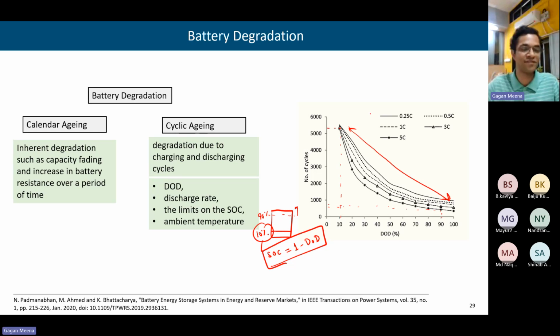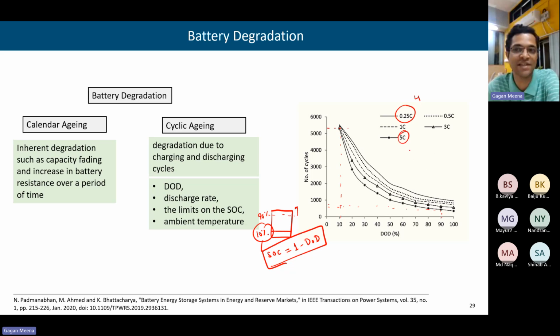On top of it, if discharge rate is also applied here, we are discharging it at a higher rate. We can see the curve here; these are for different discharge rates. 0.25C means if we discharge the battery at rated power, it will take 4 hours to discharge completely. 5C means 60 by 5, it will discharge completely in 12 minutes.